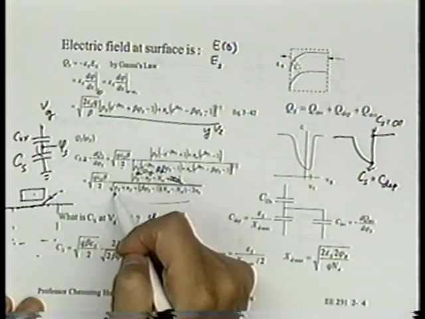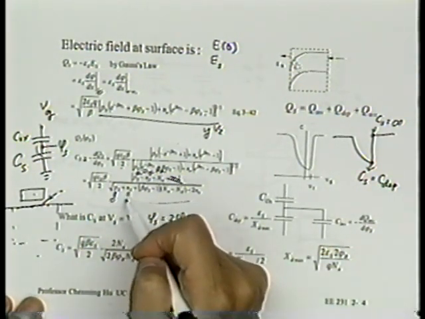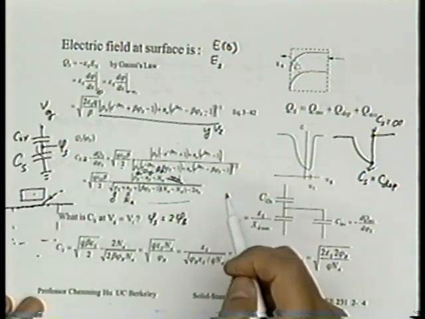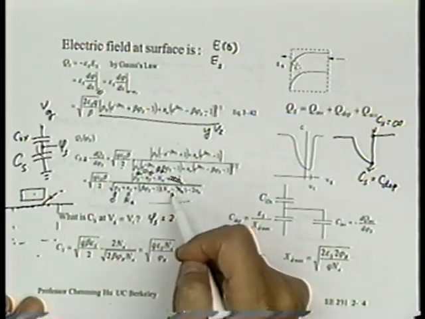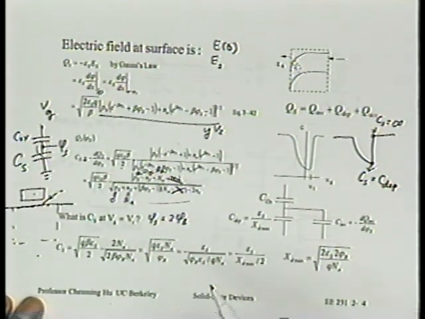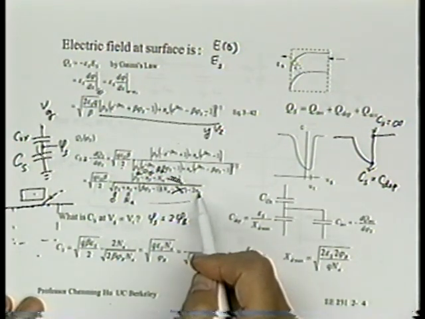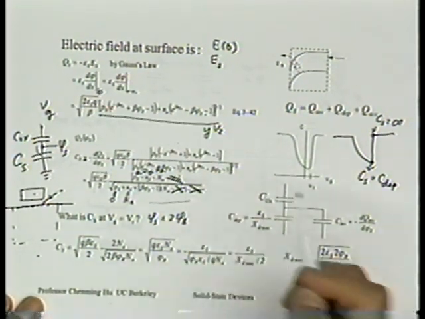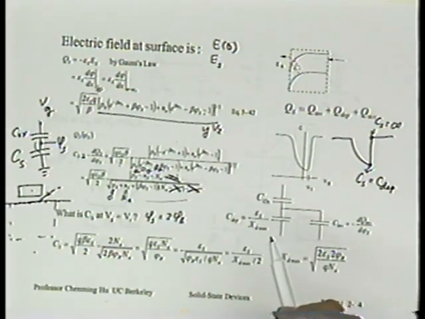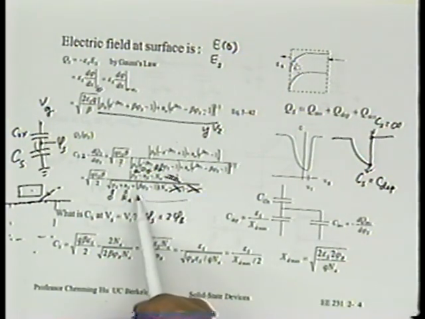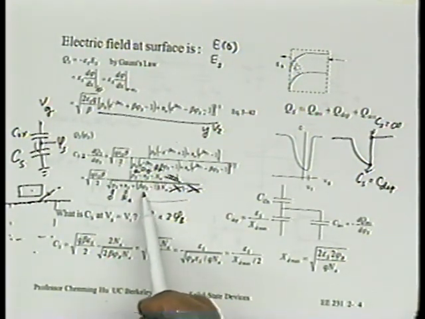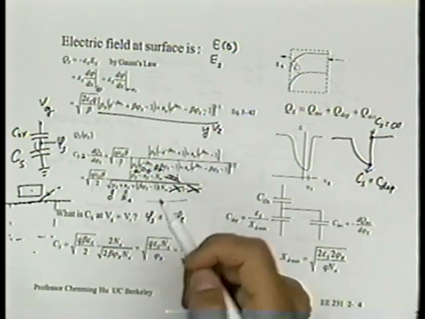Let's say PS is about 0, NS is NA, and this ND we say is 0. And the initial equilibrium hole concentration is basically negligible. Is that right? Okay, then we have this beta phi s minus 1. Now, what do we know about phi s?